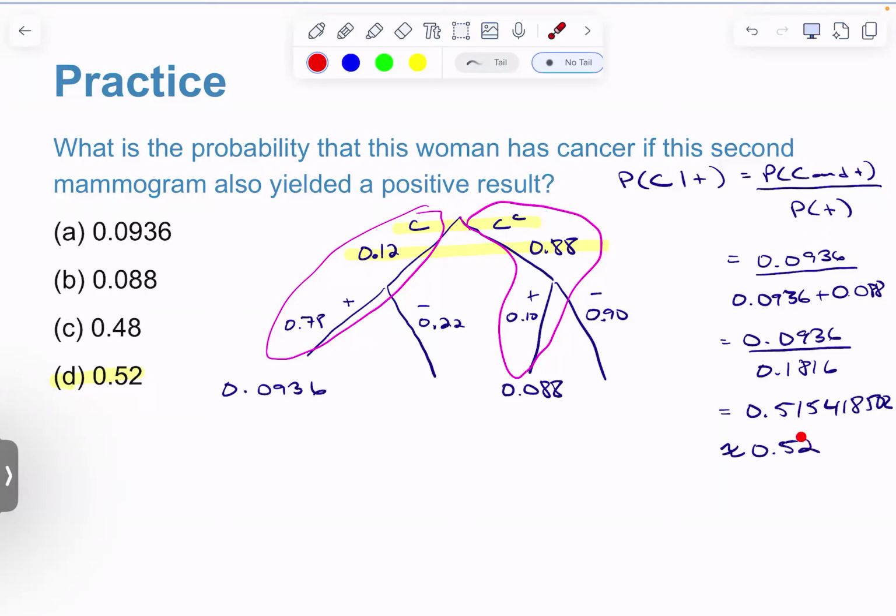For your third test, the probability of the cancer would be 0.52. These probabilities would still be the same, but it would adjust the probabilities at the end of each of the branches. And so then you become increasingly confident in the diagnosis if you do multiple tests, not just one.